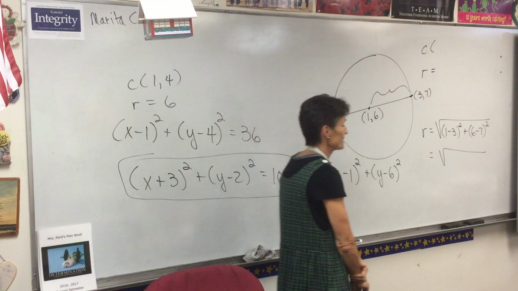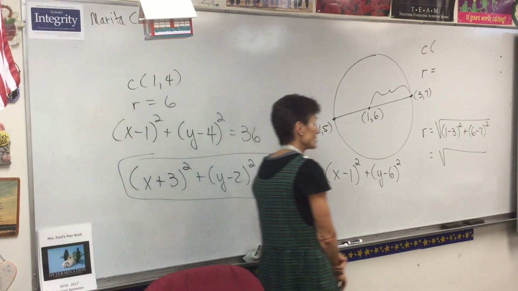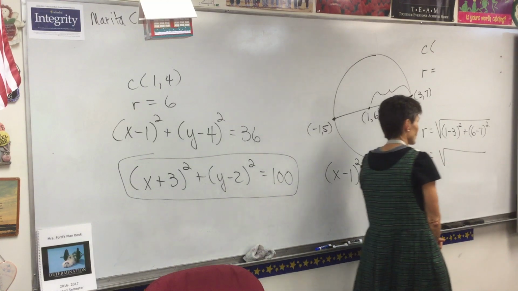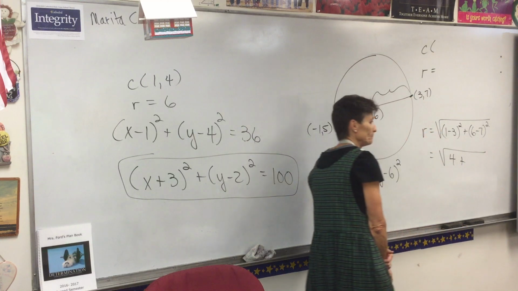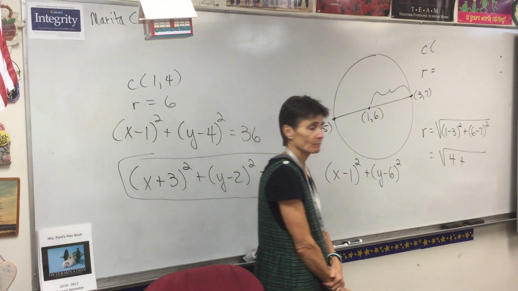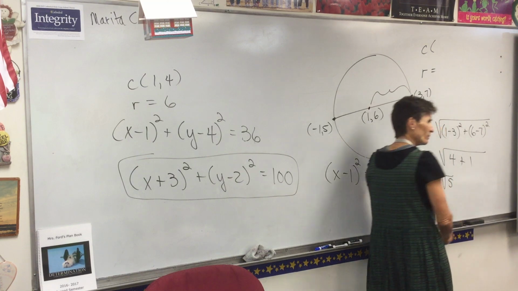I'm doing my distance formula. So 1 minus 3 is -2, squared is 4. 6 minus 7 is -1, squared is 1. So my radius is the square root of 5.